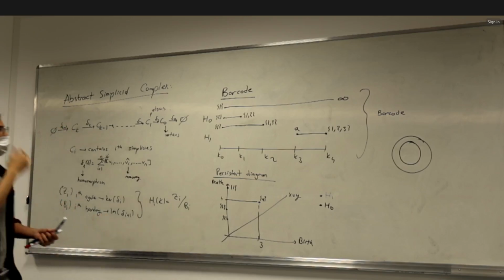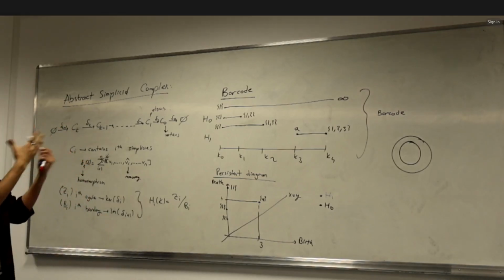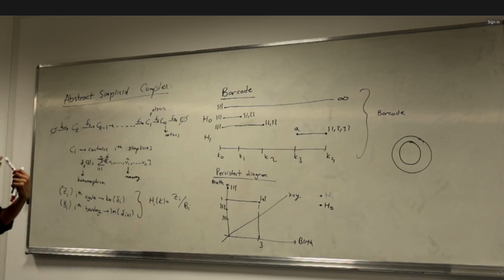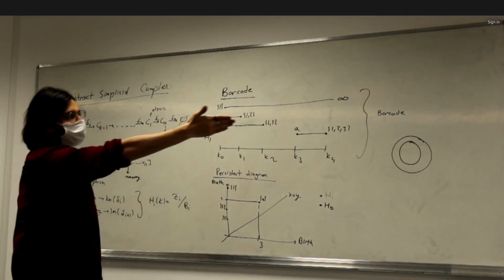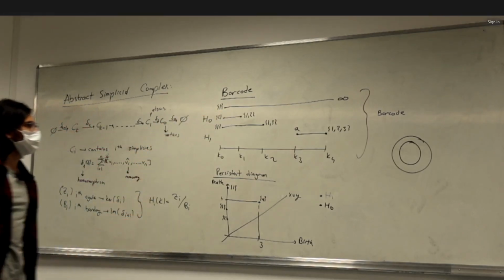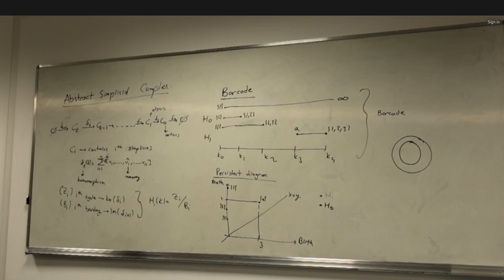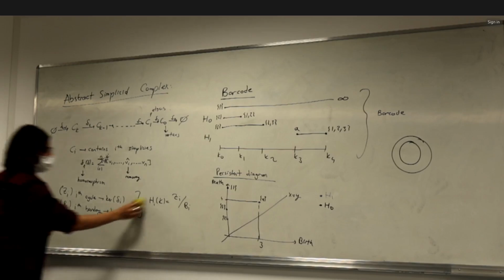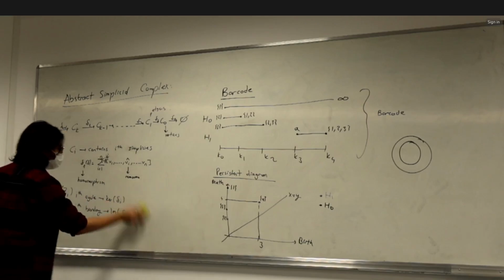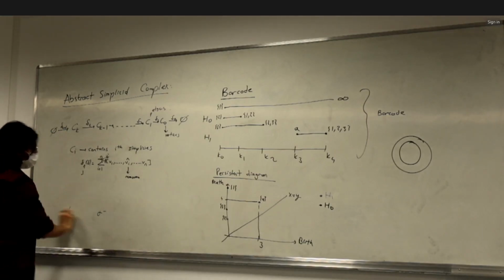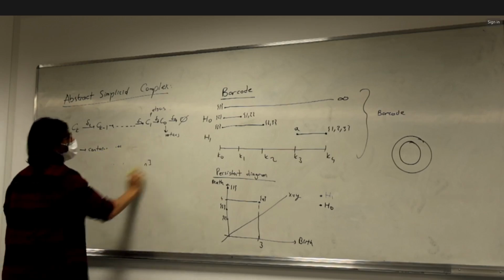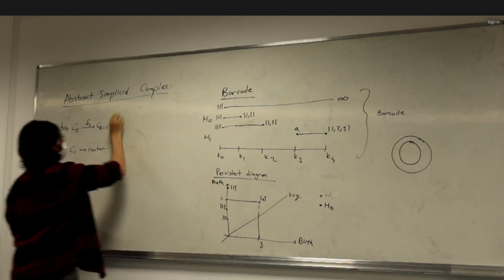Again, we want to get this barcode in a more efficient way, because looking at how the homology changes each time will be very costly. I think Kerber in 2005 developed an algorithm for that, and that's the matrix reduction algorithm.